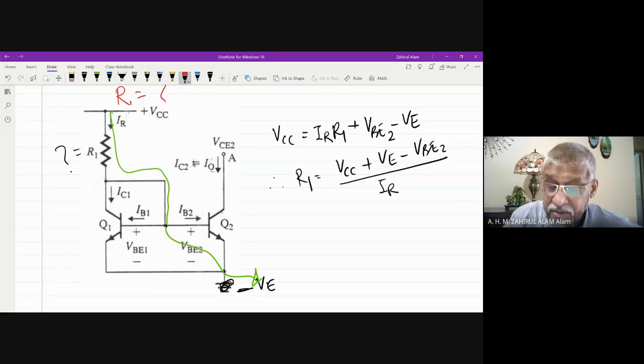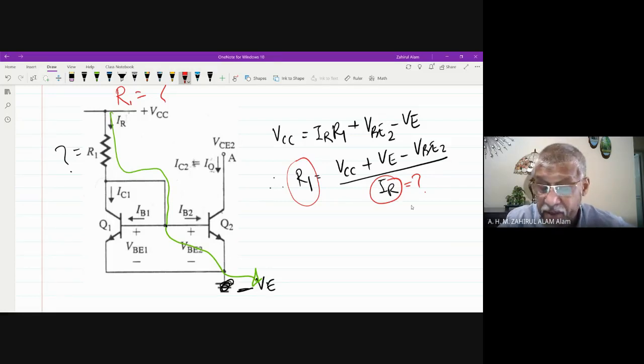Now, in order to find R1, we found that this IR is unknown to us. So therefore, we need to find the value of IR. How can we find this IR?